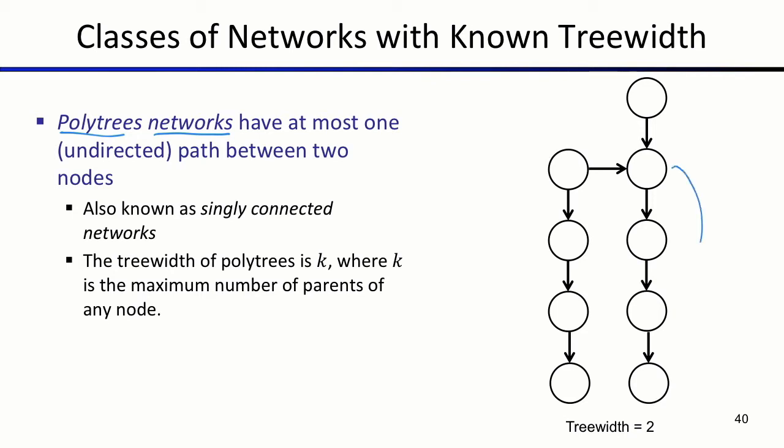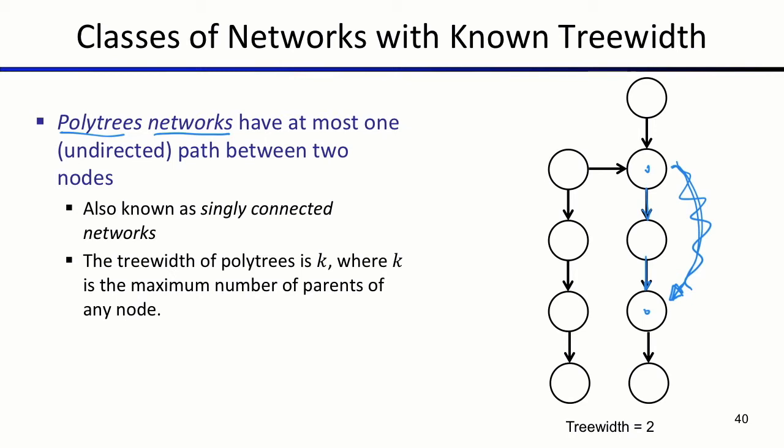So if you look at a network and we introduce a loop, what we are doing is creating two possible paths. If we think about undirected paths, we have two possible paths between, for instance, these two nodes. One is following these edges and the other one is following the loop, right? But as we defined that the network cannot have more than one indirect path between two nodes, we are eliminating the loops.